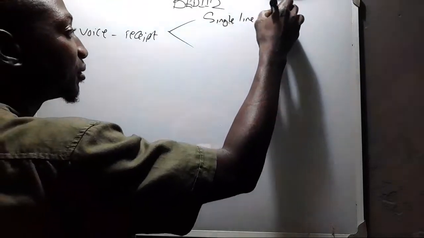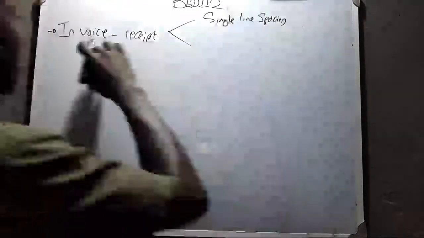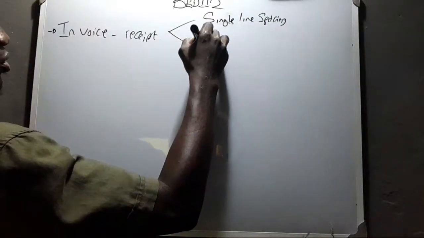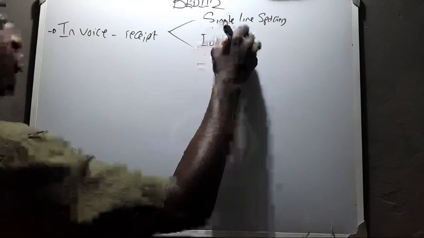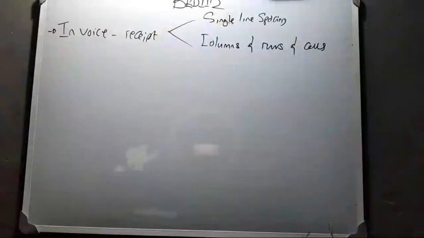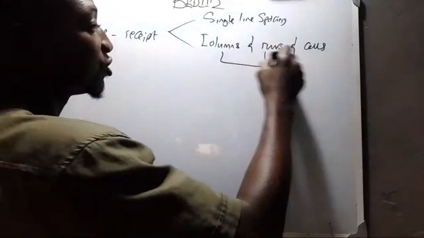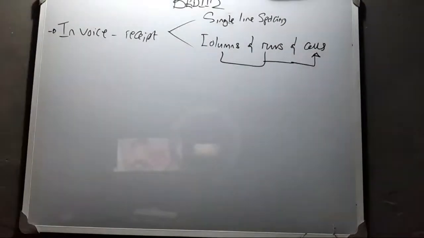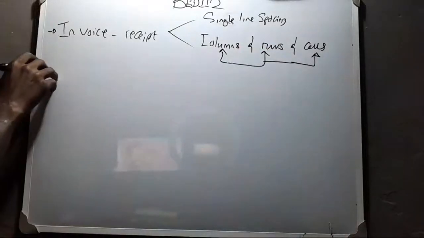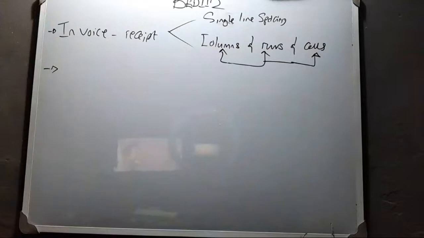And here we have columns and rows, and cells. Let's not forget, where a column and a row join together is what we refer to as a cell. Columns, rows, and cells, and we can use single line spacing.